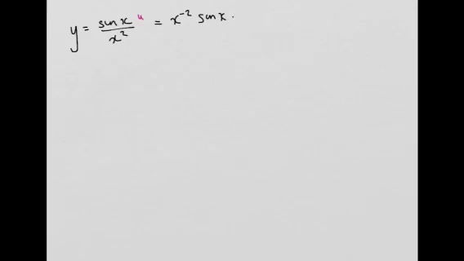In this case, this is u, and this is v down here, and dy by dx is equal to v du by dx minus u dv by dx, all over v squared. And so in this case I'm going to use the quotient rule.